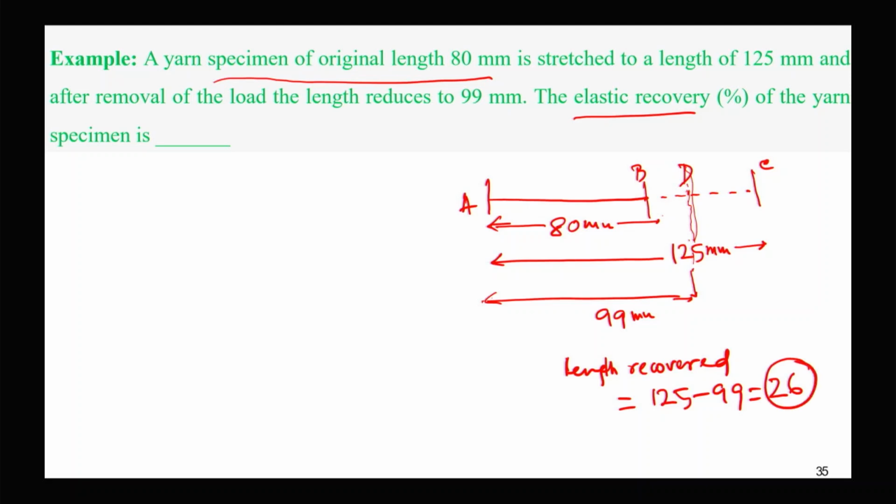The total stretch will be BC, equal to 125 minus 80, which becomes 45. So 45 is the total stretch and the recovered length is 26 millimeter.